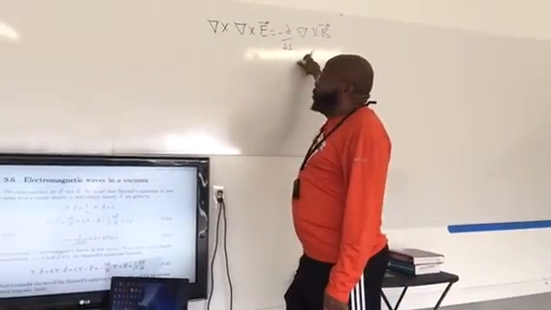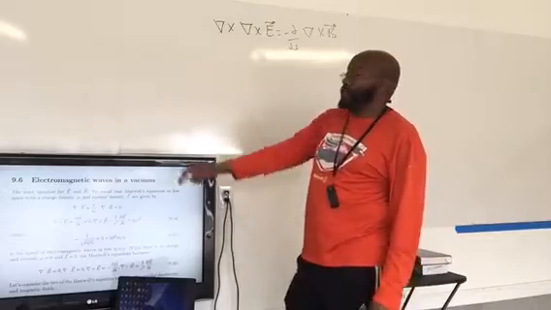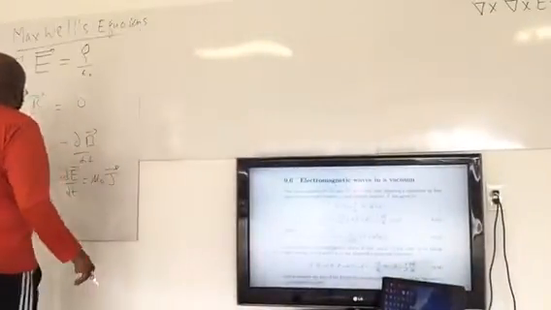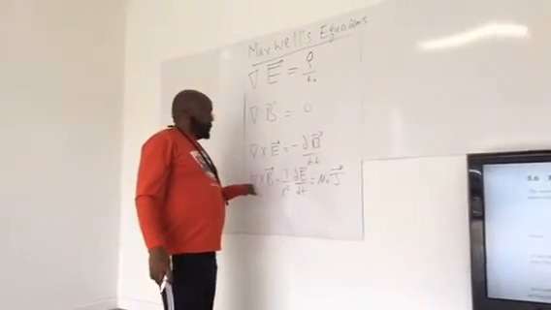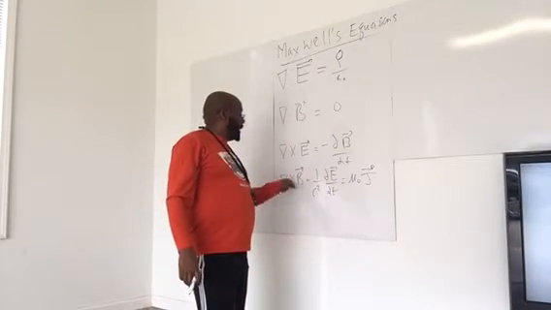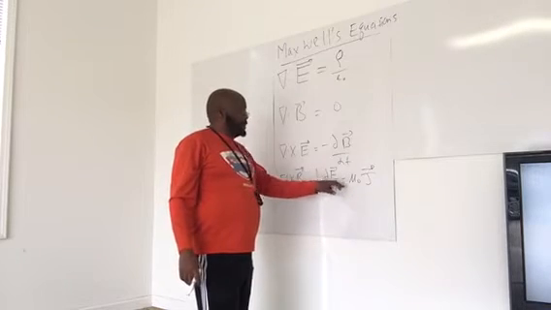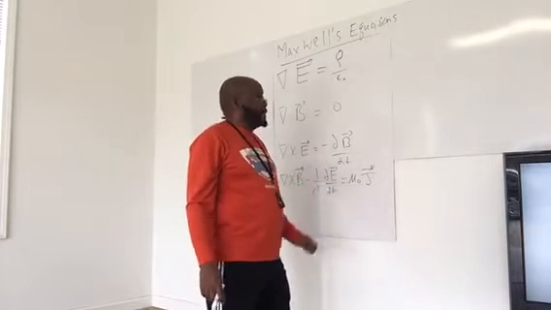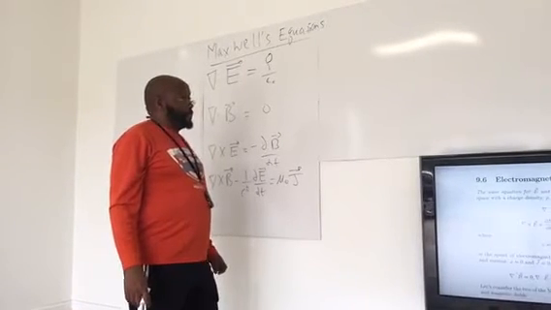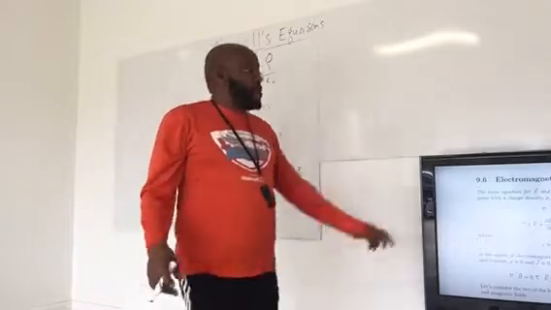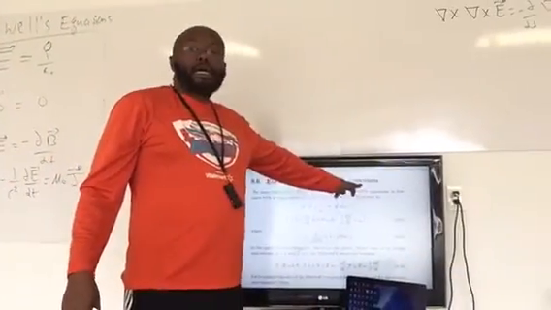We know from the other Maxwell's equation over here that the curl of B is equal to 1 over c squared dE by dt plus mu naught times the current density. But we are interested in the electromagnetic wave equation in a vacuum.